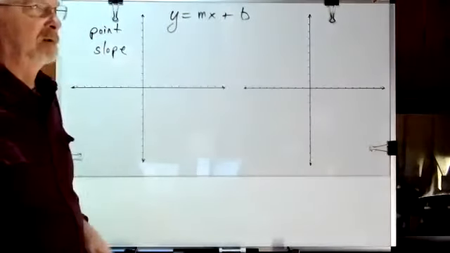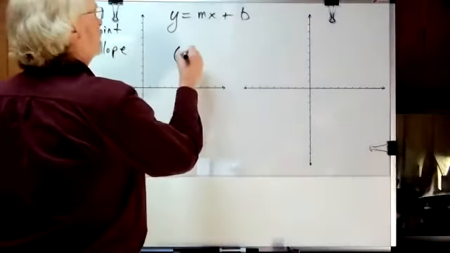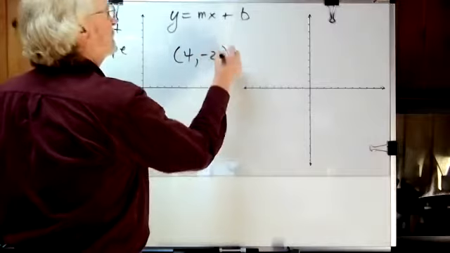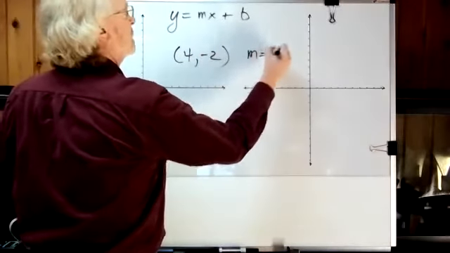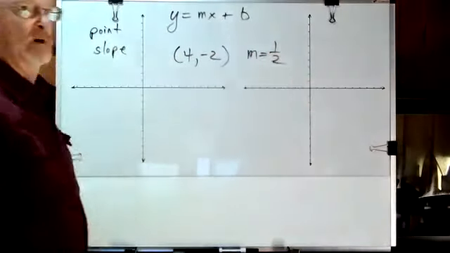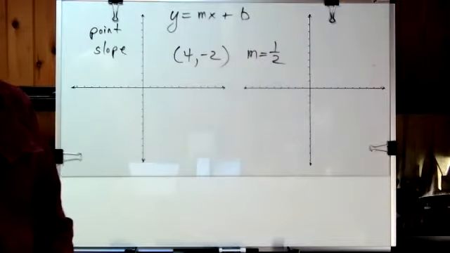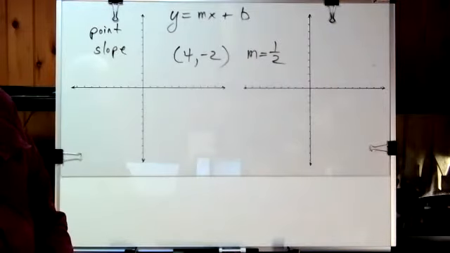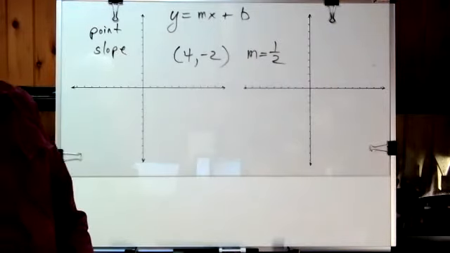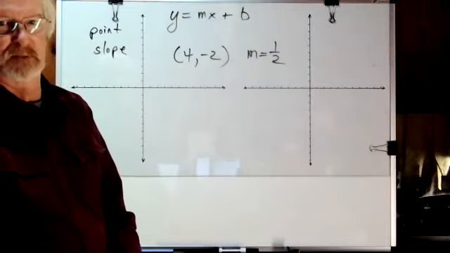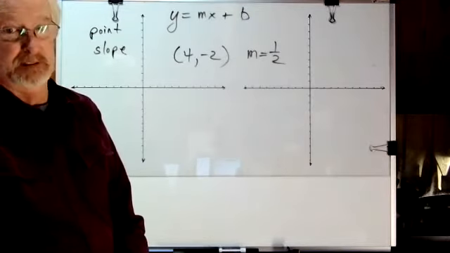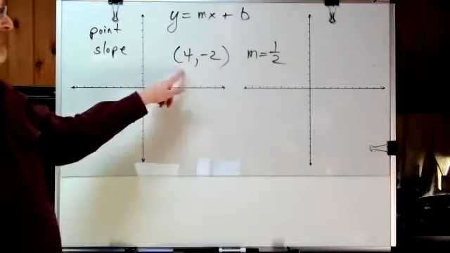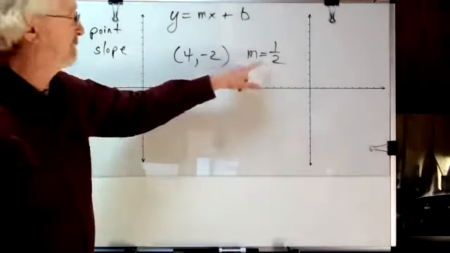Then, well, what if I had a point and a slope, but it's not the y-intercept. Write the equation. The technique that I emphasized and presented mostly was solve for b. I have an x, I have a y, I have a slope.